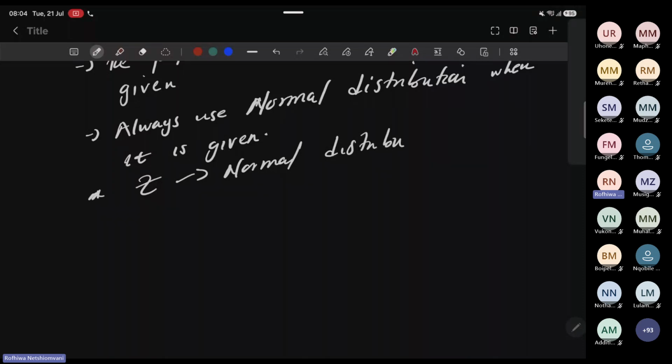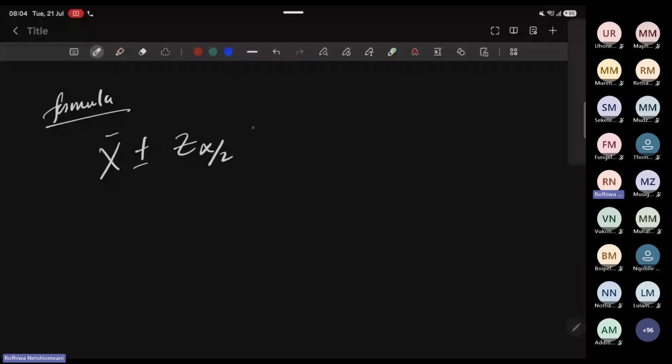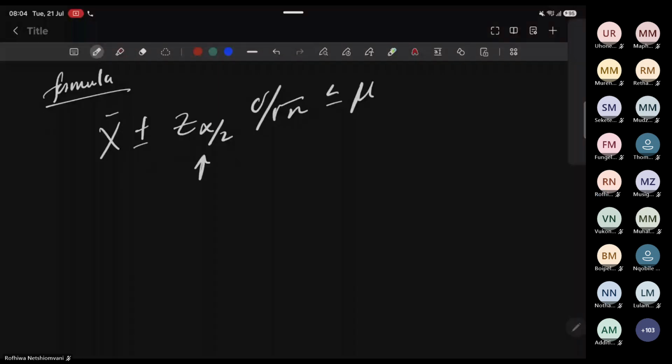Always remember that. And then that takes us to the formula, which would be X bar plus minus Z alpha over 2 times sigma over square root of n. So now this means that it's a normal distribution.